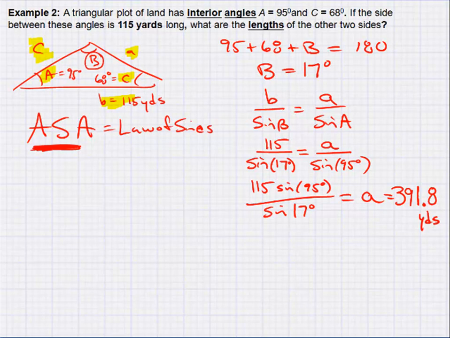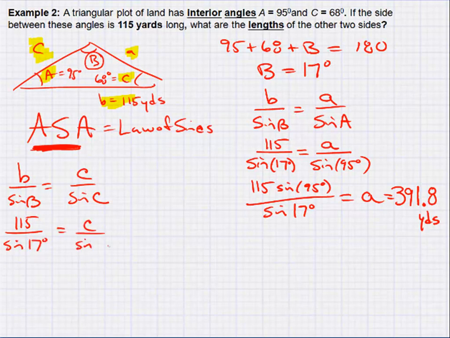Alright, so then we want to find side C. We're going to basically have the same setup. We're going to go B over sine B again, because that's what we know, and C over sine C. So this is still 115 over sine 17 degrees equals C over sine of 68.